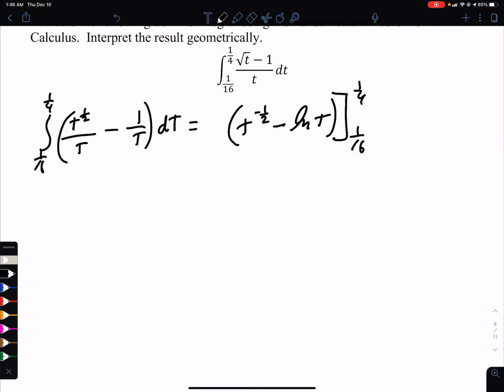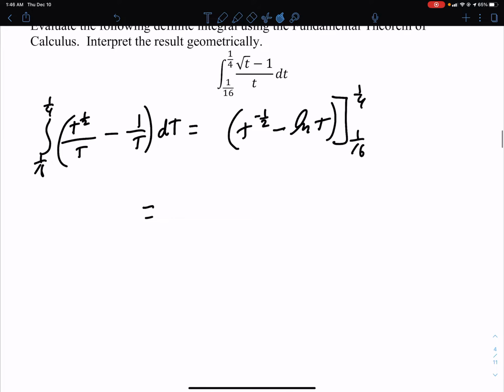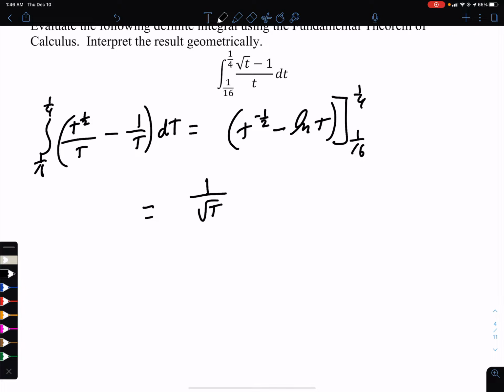The rule says I plug in the upper number first. So actually, let me rewrite this. That negative moves it to the bottom. So it's 1 over, and 1/2 power is square root. So I'm going to rewrite it like that. I like that much better.